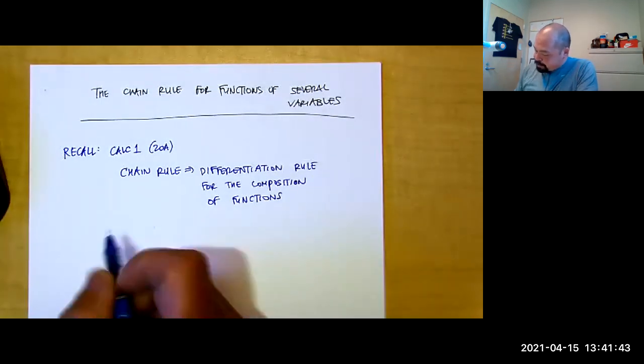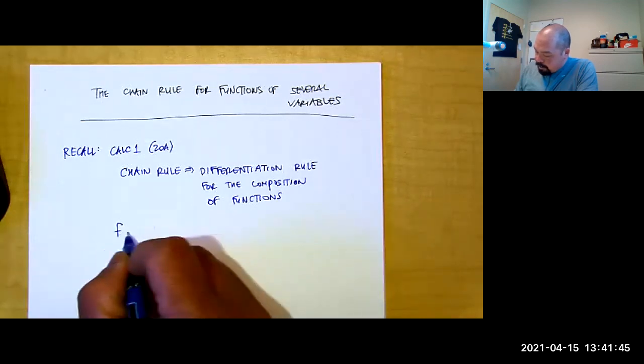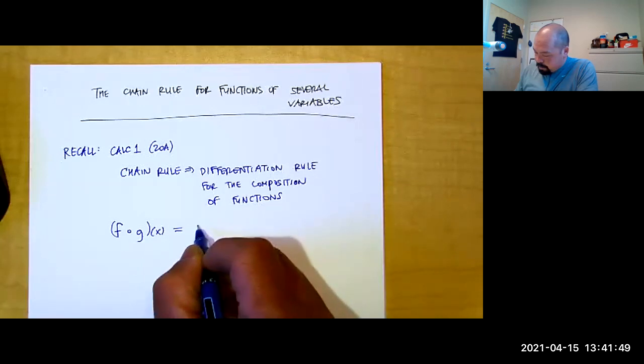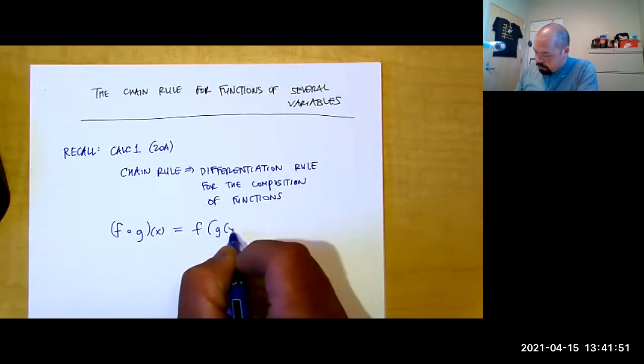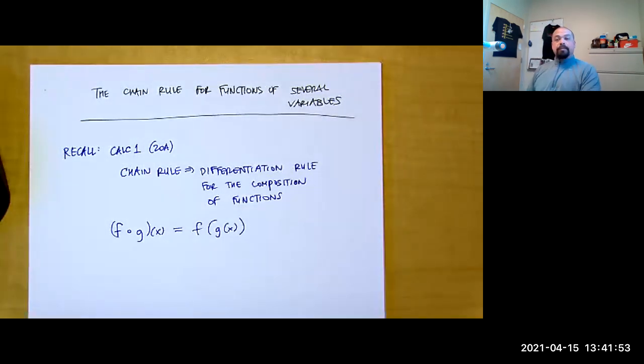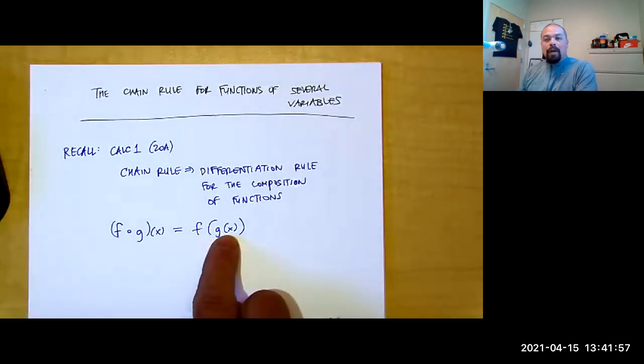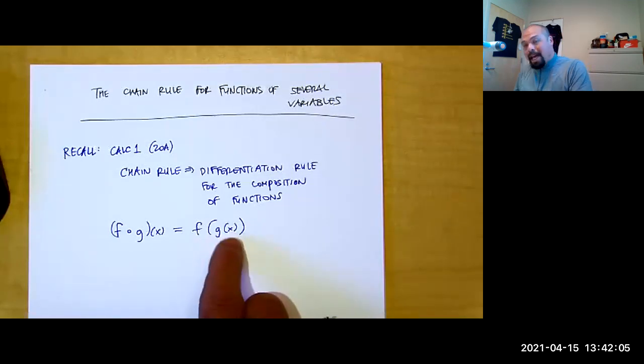right? When we had some f composed with g at x, or f of g of x, that composition, this function f depends on what this result for g of x gives us, right? So f depends on g of x depends on x, what value of x we're choosing.